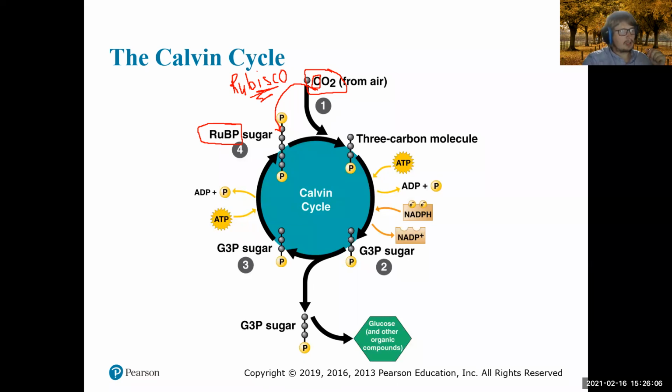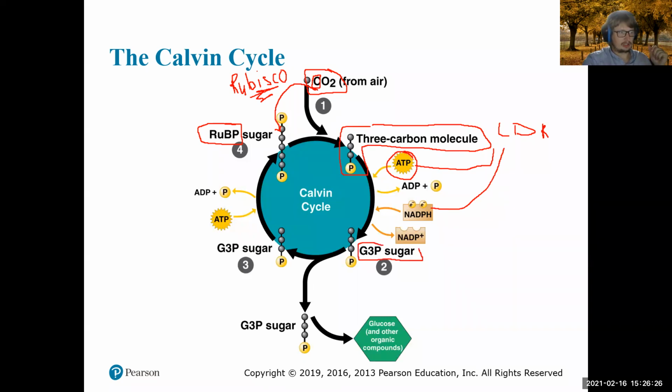That 6-carbon molecule will be broken down into this 3-carbon molecule, and then using the energy from the ATP molecule made from the light-dependent reactions and the NADPH made from the light-dependent reactions, this molecule is converted into a G3P sugar, okay?